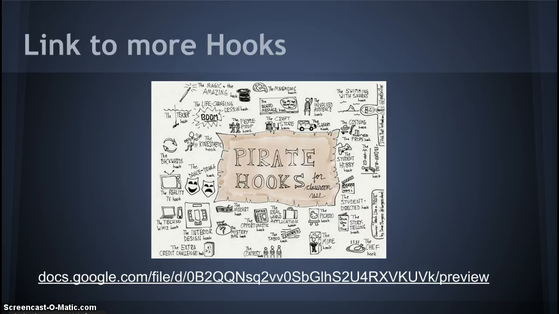I know I went through those slides really quickly, but the link here at the bottom will go into more depth on those particular hooks, as well as expose you to a variety of other hooks. This slide right here shows all the different hooks that are represented in the book Teach Like a Pirate. If you'd like to borrow a copy of my book, I'd be happy to share it. It's a fantastic read. Like I said, it's a quick read, and I think you'll enjoy his style of writing.